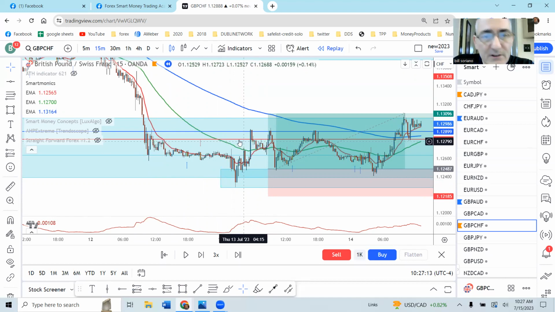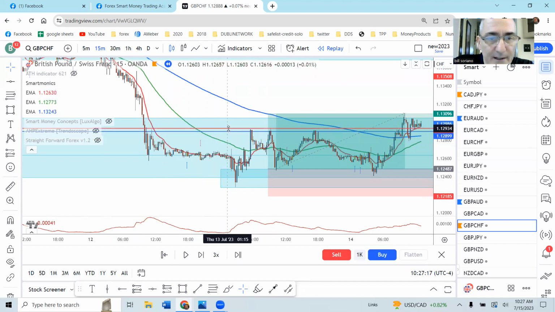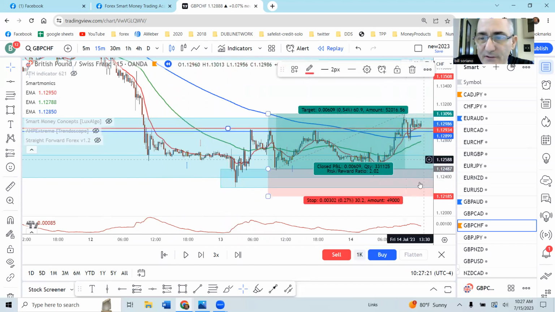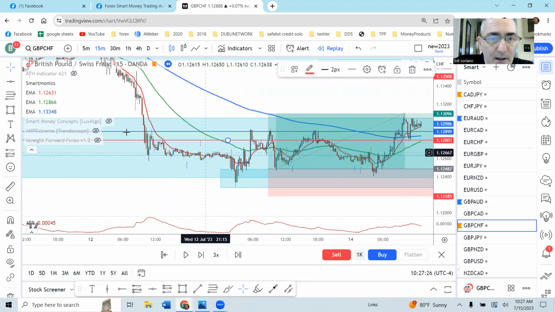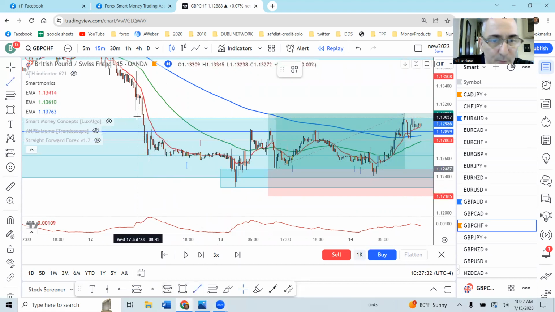Now, I'll be honest with you. Some people may have put it where I initially put it, right? And if that was the case, then this trade hasn't actually gone off yet. But I actually used this area right here because, as you can see, to identify a choke, what do you need? You need to have a move down, right?